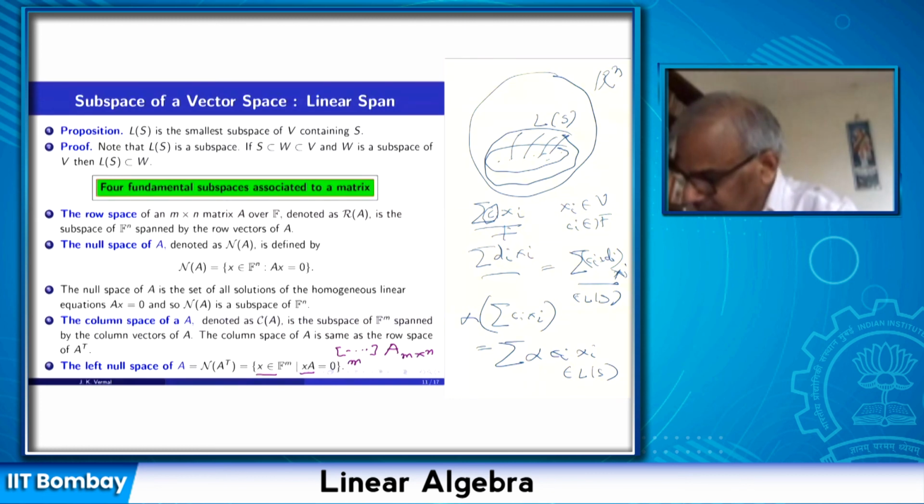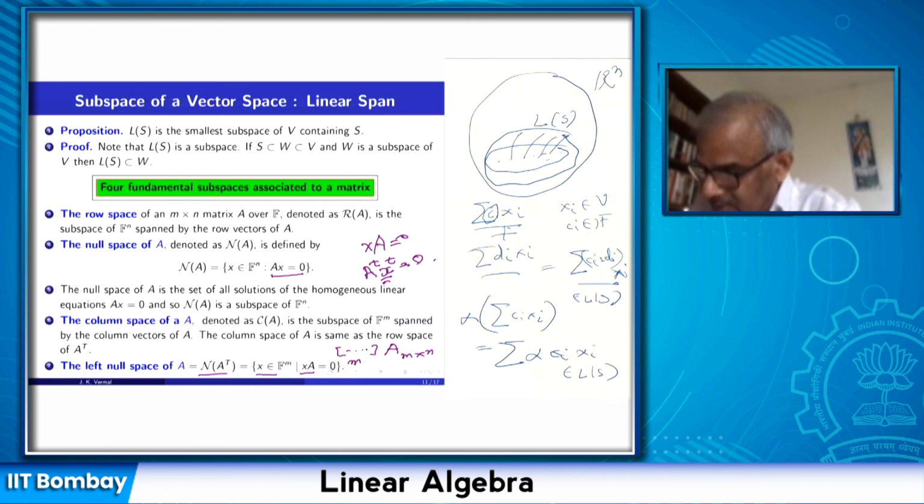So in a sense, this is the counterpart of Ax equal to 0. This is the null space of A transpose, because if xA is equal to 0, this implies A transpose x transpose equal to 0. So x transpose is in the null space of A transpose. Think of x transpose as a column vector with m components. This is called the left null space.